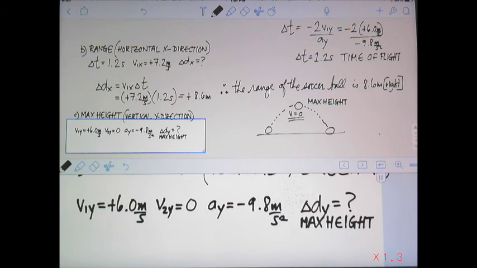Now, can we use the time of flight that we calculated? Well, we're not looking at the time it takes to go up and down. We're looking at the time it takes to go up. So we don't have the time it takes to go to maximum height. So let's try to use an equation that doesn't have time in it. We're therefore limited to equation number 4.